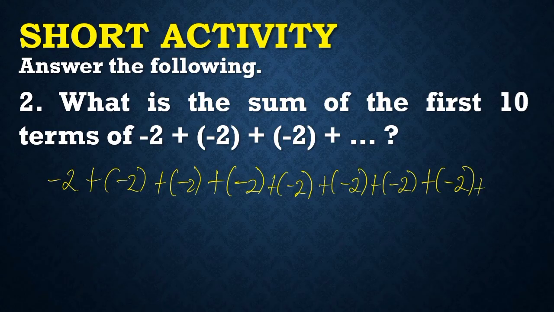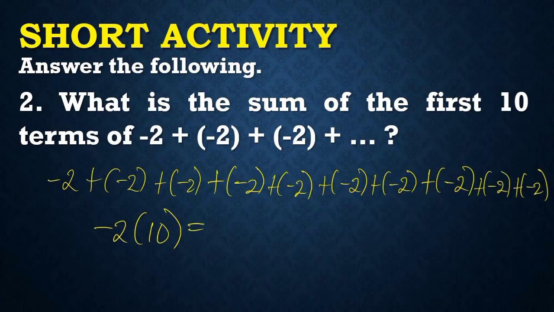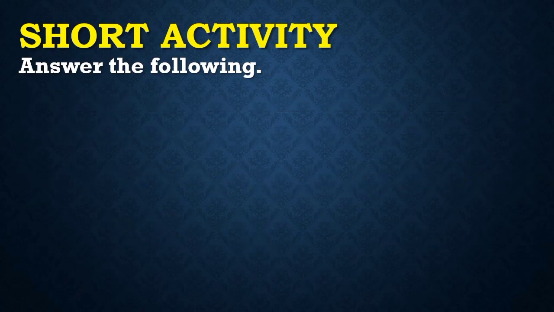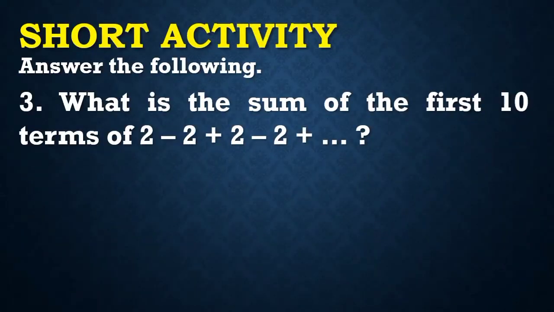Kulang pa tayo ng dalawa. Pwede rin natin siyang i-rewrite as negative 2 times 10, kasi 10 terms. So, negative 2 times 10, that is negative 20. So, the sum of the first 10 terms of the given sequence is negative 20. If you were asked to identify the common ratio of this given sequence, it is positive 1.